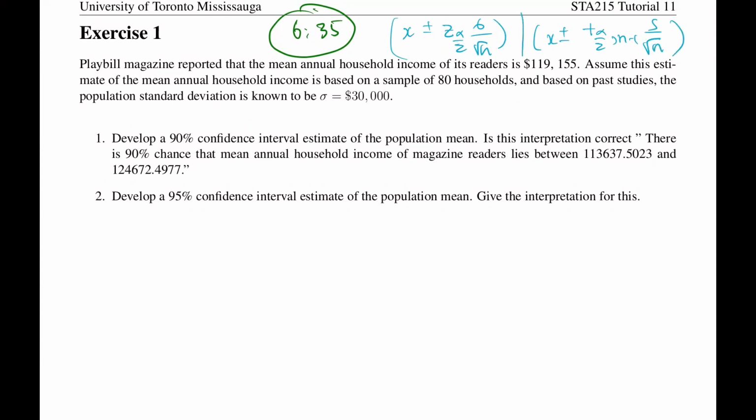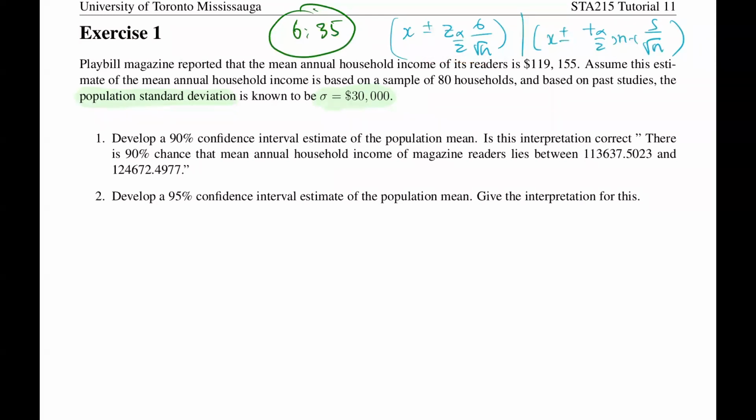How do you know you should use the one with Z? Yes, exactly. Here, the population standard deviation is given. If you know this number, use the one with Z, this one.